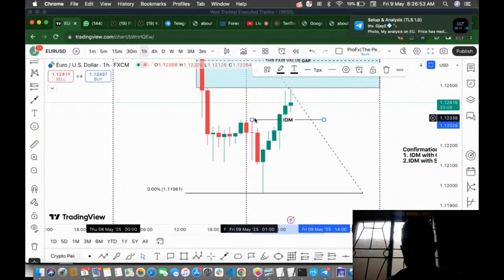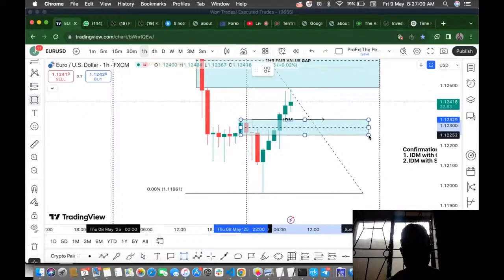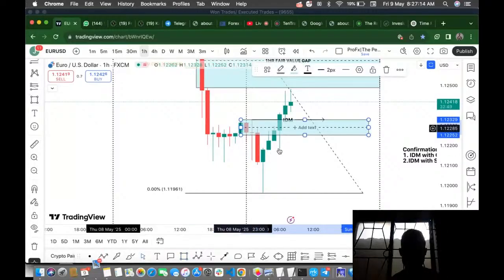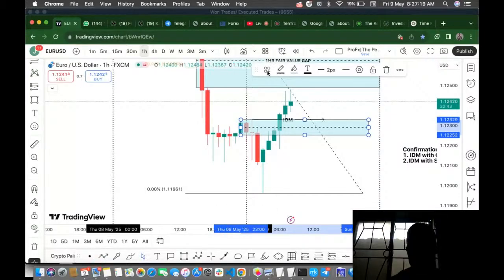We have inducement because of this high that was once a liquidity block. Waju, is that clear? We have a breaker block because of that failed order block. So that's an example.